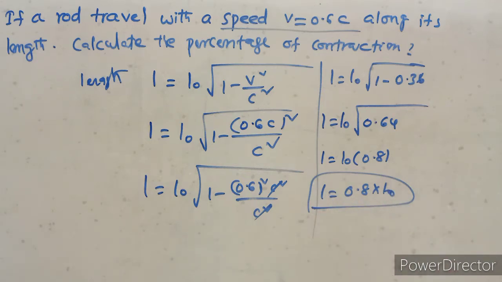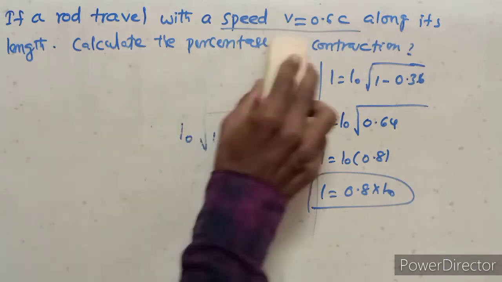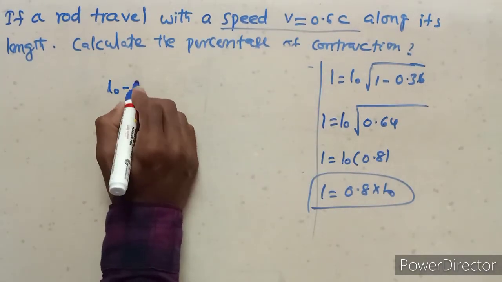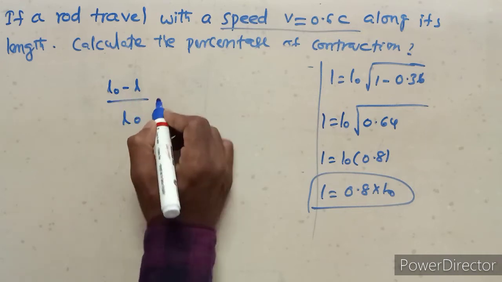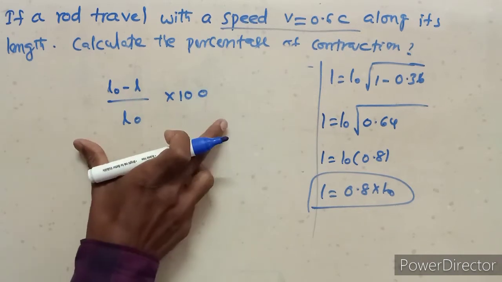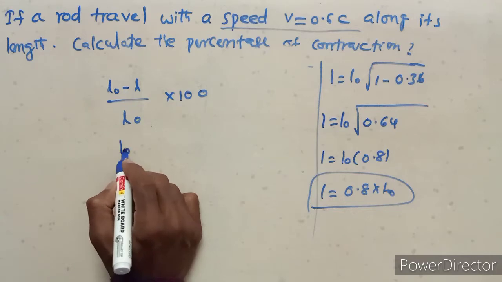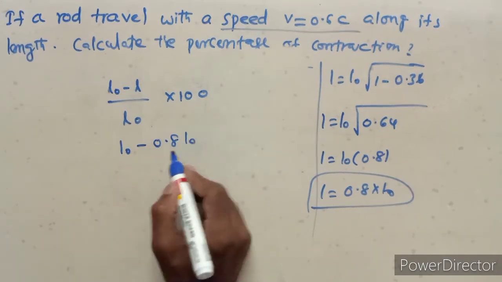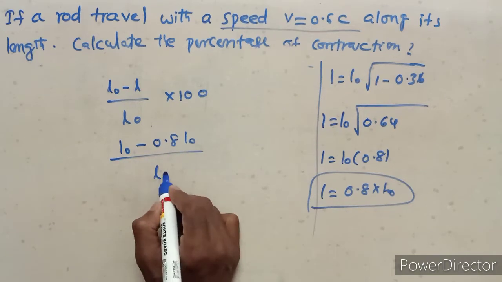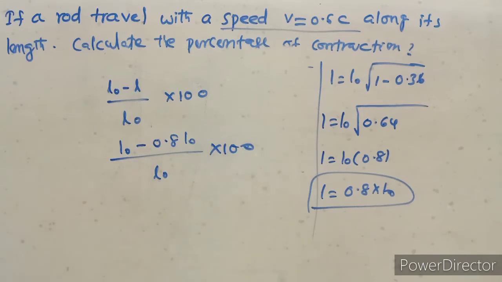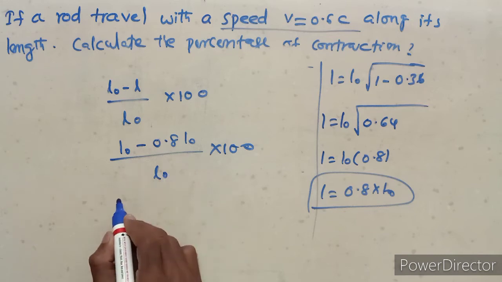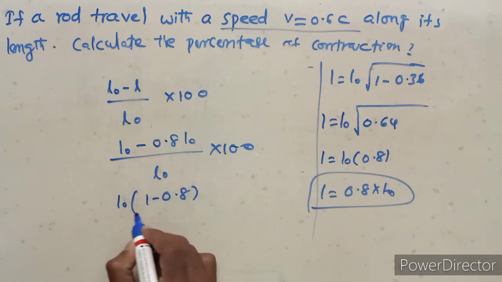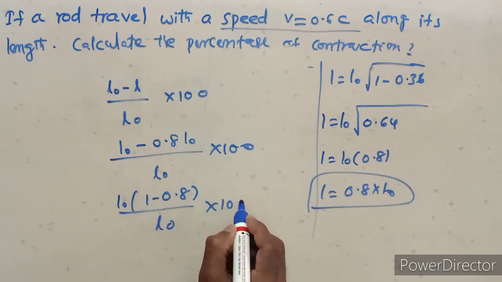So we have to find the percentage. The formula is (L naught minus L) upon L naught into 100. This is the length contraction percentage. Here L0 minus L is 0.8 L0 by L0 into 100; L0 is common, so (1 minus 0.8) upon L0 into 100.